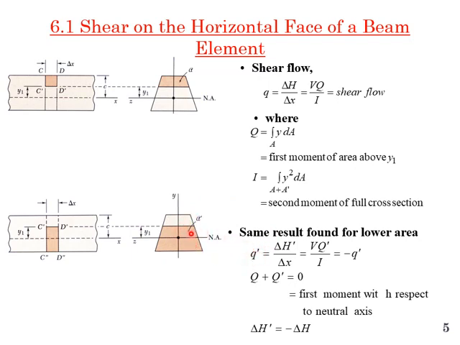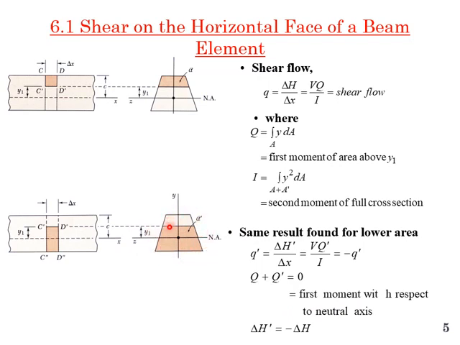In both cases, the shear flow must be equal, but opposite in direction, because if I add Q plus Q prime, it must be equal to 0, because the first moment of area for the whole cross section with respect to the neutral axis must be equal to 0. This Z axis is my neutral axis.